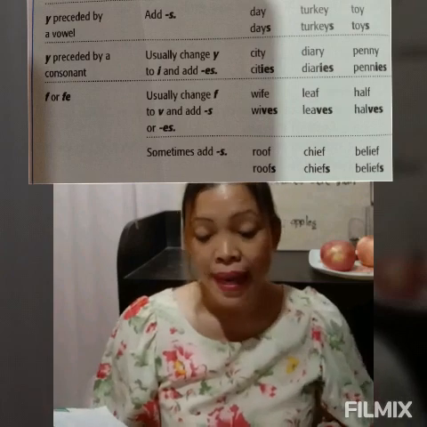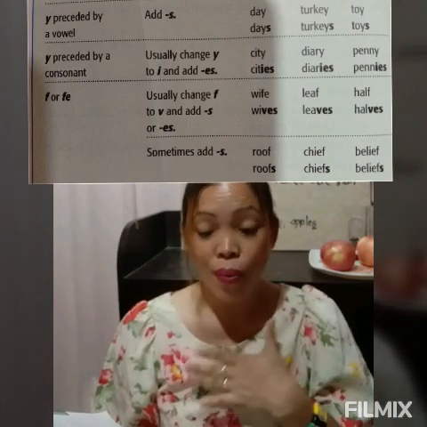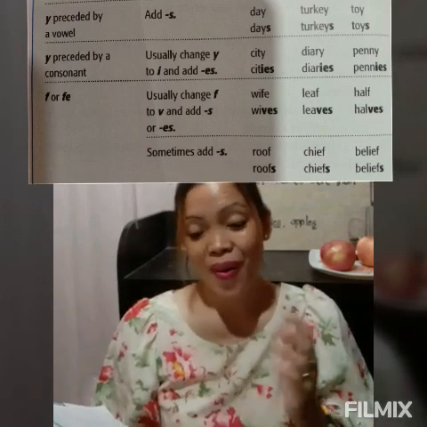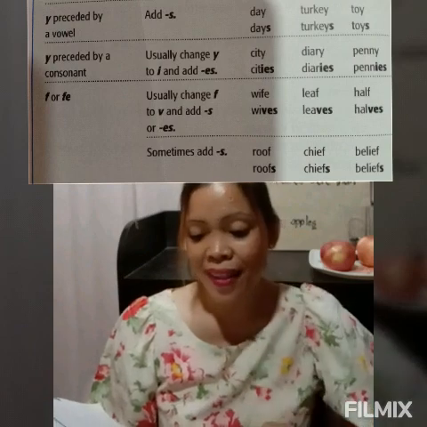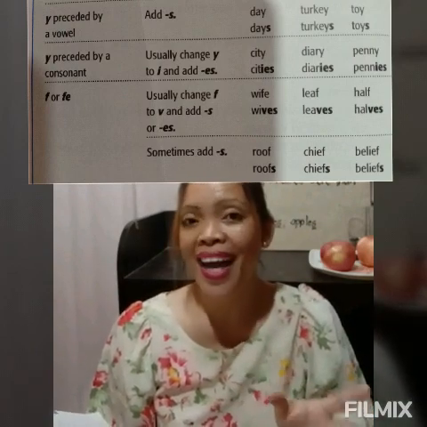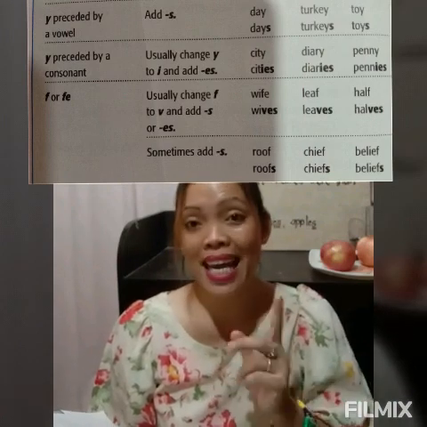Next, we have nouns ending with Y preceded by a consonant. So, no longer a vowel. Consonant this time. Usually we are to change Y to I and add ES. Example, we have city.